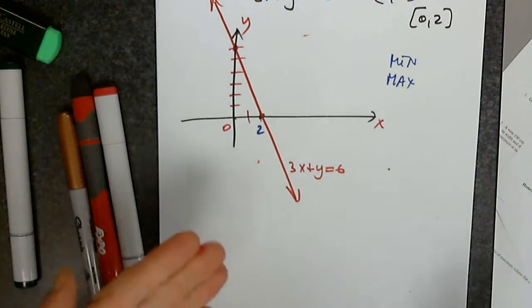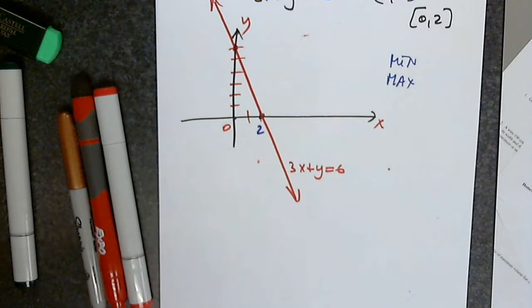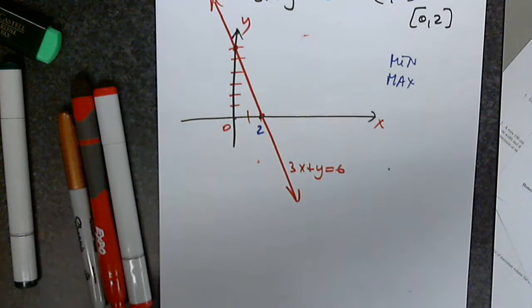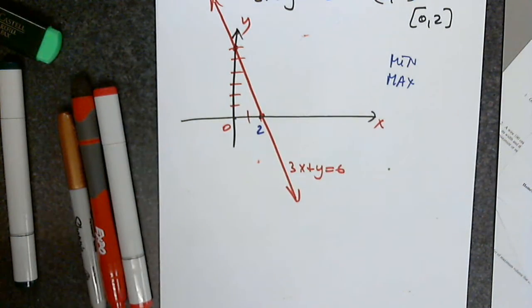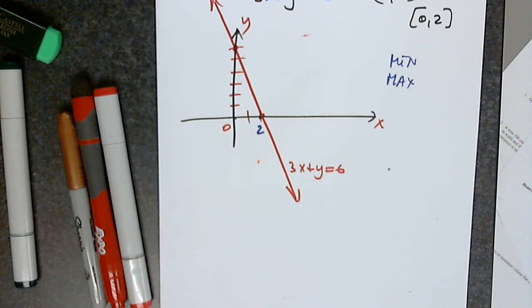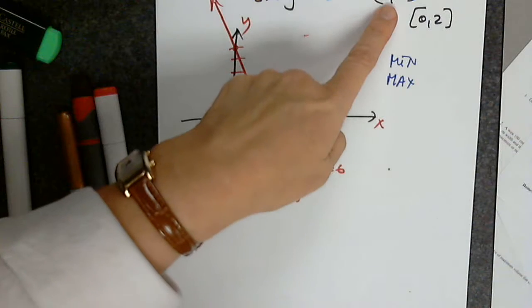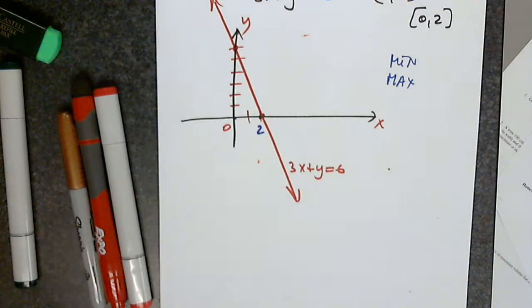What will be the function in this case? Just read the text one more time with the question. The function that I have to determine or create will represent a distance between the origin and the graph of 3x plus y equals 6.